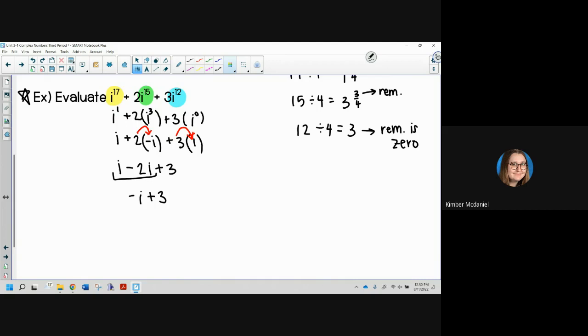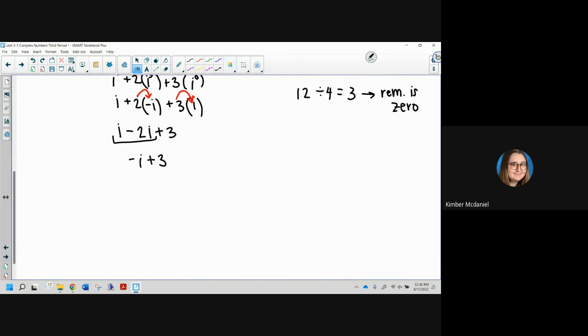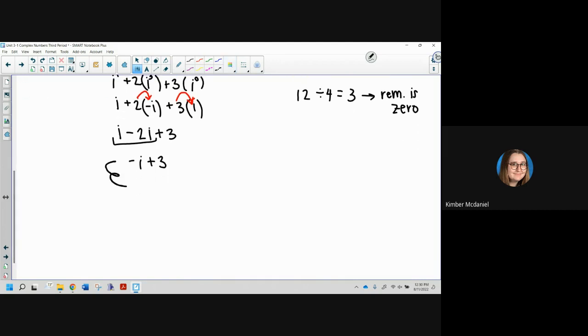Last thing we have to do is rewrite it in a plus bi form. This is something we're going to develop the habit of over the next few class periods. But we're going to put the real part first, imaginary part second. So our final answer is 3 minus i.